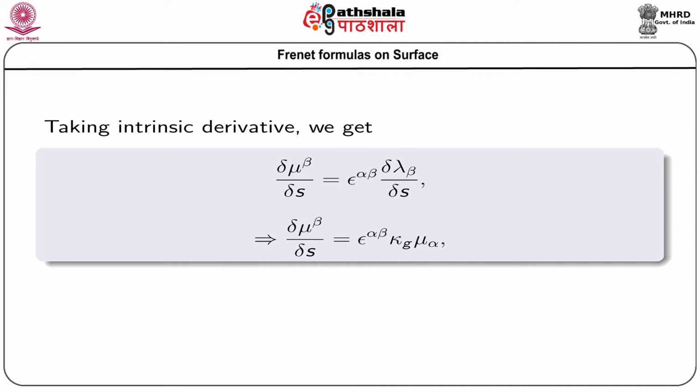Now, putting the value of del lambda beta del s in the right hand side, we get del mu beta del s equals epsilon alpha beta kappa g mu alpha, where mu alpha is a covariant vector, because we are replacing del lambda beta del s, where lambda beta is the covariant one.